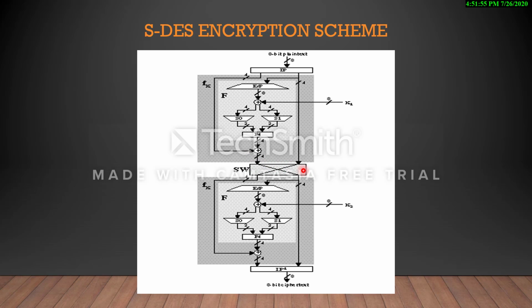We switch the right-hand side output into the left-hand side for the second round, and the leftmost part output we give as input for the right-hand side for the second round, and we do the same complex function here. The complex function is nothing but the round function. In simplified DES we perform the second round function; as I already said, in SDES we do 2 round functions.